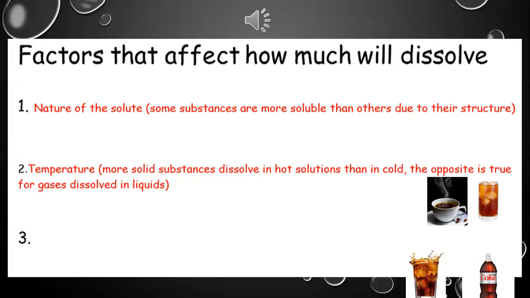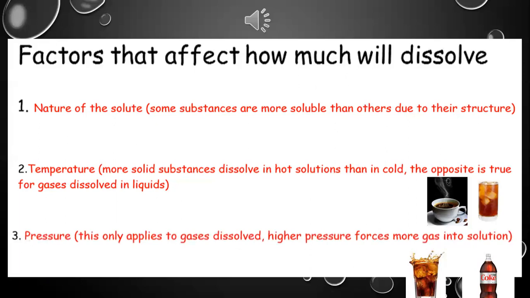And then finally, pressure. Now, pressure is only going to affect those solutions that contain gases. So again, maybe you're thinking of your soda in this case. Think about what happens as soon as you remove the cap of a 2 liter of soda. You're going to see a bunch of bubbles form as that carbon dioxide begins to leave the solution. And that's because originally your solution was under high pressure, and when you remove the cap, you change your pressure back down to atmospheric pressure.